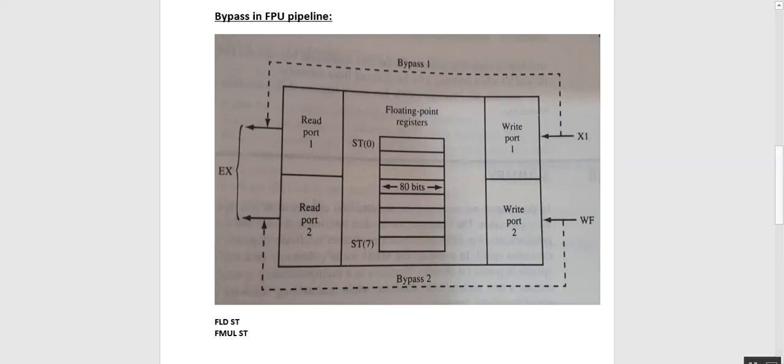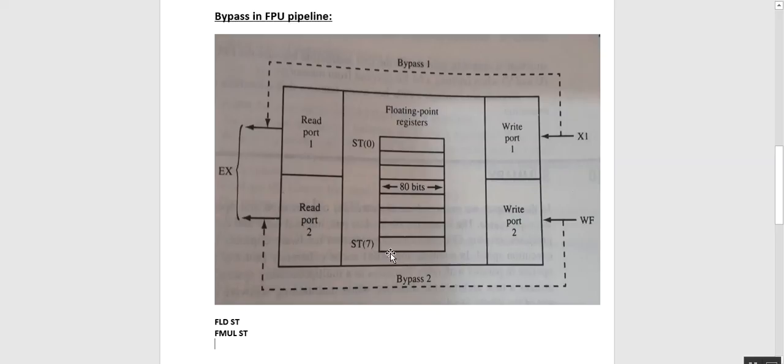The second type of bypass is like that. What happened in that? The second type of bypass takes place between the WF and the EX stage, where the result of an arithmetic instruction in stage WF is made available to the next instruction fetching an operand in the EX stage. The floating point register file contains the 80-bit floating point registers ST0 through ST7.